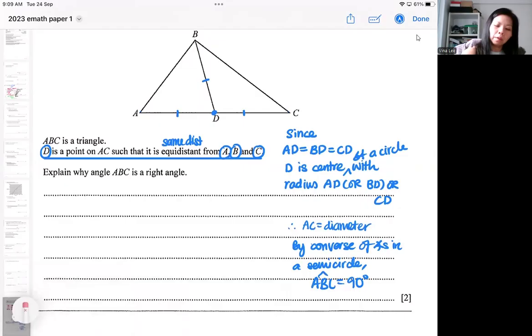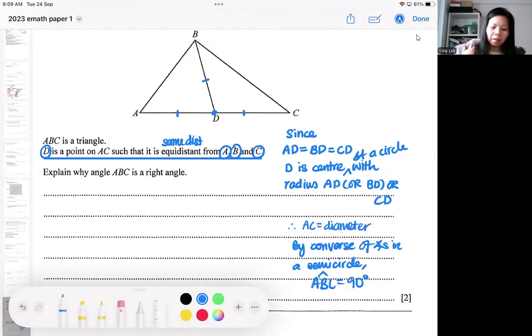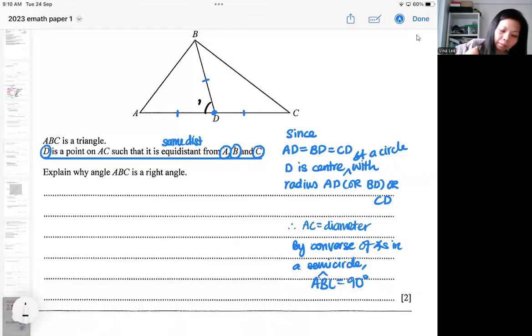Some of you might be able to explain it in a more algebra way. If it didn't come to you about this property, you can approach it like algebra, because some of you have a math or geometry background. So if I want to assign algebra, I will assign X here.